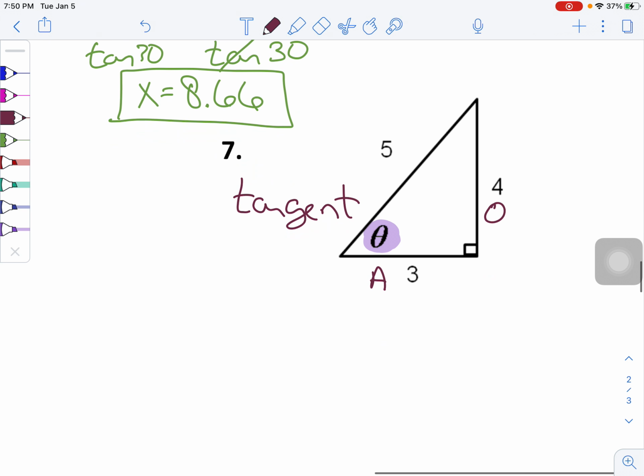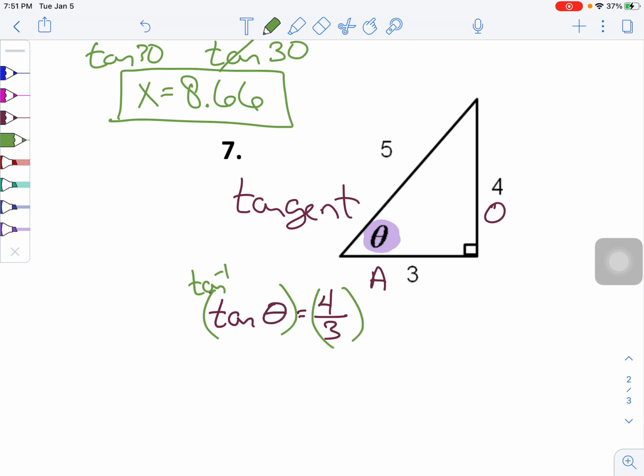So tangent of theta is equal to opposite over adjacent. I'm going to use the inverse of tangent on both sides. Tangent and inverse tangent cancel. So that leaves me theta is equal to the inverse tangent of 4/3.